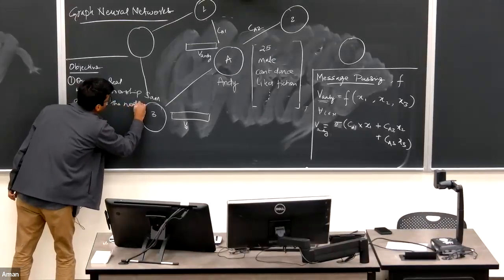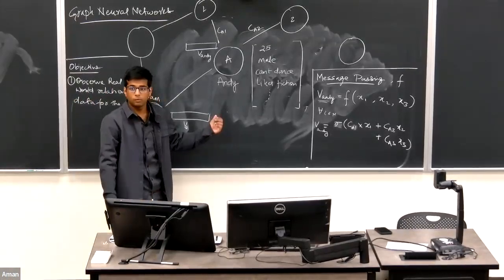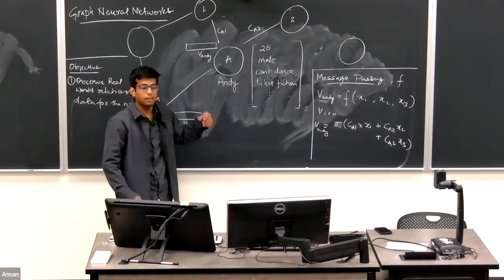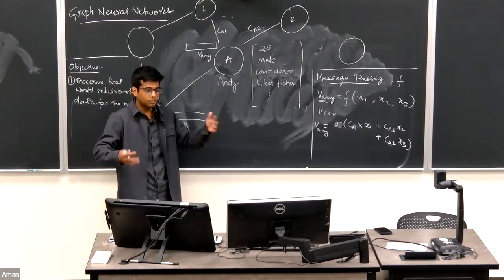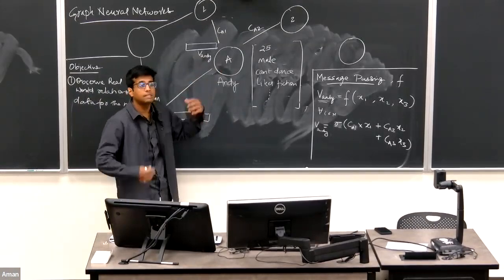So what you do is observe actual data in the real world. For example, you're trying to solve a matchmaking problem. Here, all of your edges should represent relationships that Andy has, or have some sense of how much time he's willing to spend with these people, so that these edges mean something, right?